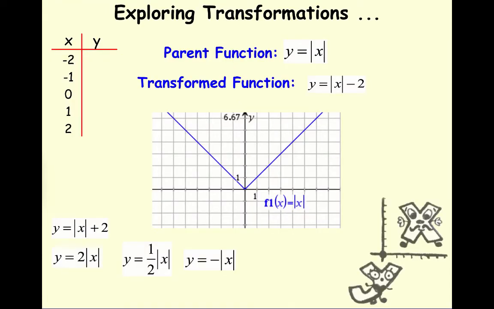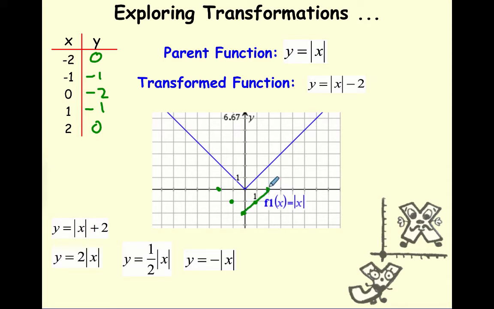Now let's look at what happens when we add and subtract outside of the absolute value. So again, go ahead and complete the table of values and check in. So here's what we should have gotten when we use this function, y equals the absolute value of x minus 2. Now let's look at the graphs of those. So we have -2, 0, -1, -1, 0, -2, 1, -1, 2, 0.